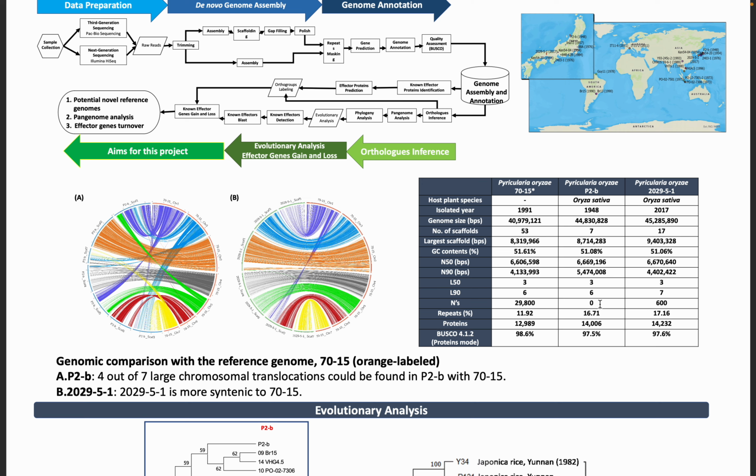So it is a very perfect genome assembly, and it is a chromosomal genome assembly. For 29951, even though it has 17 scaffolds, only 7 scaffolds account for over 90% of the genome.